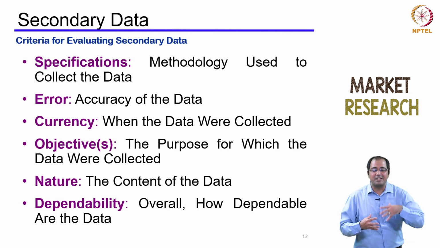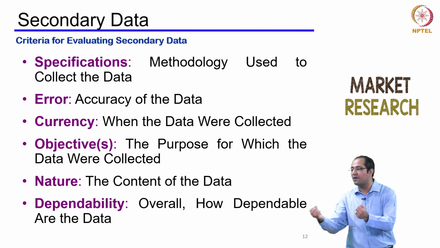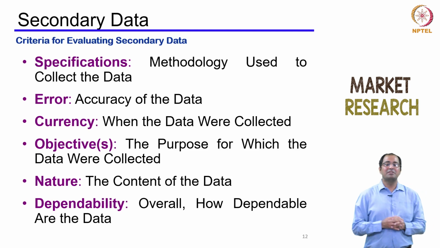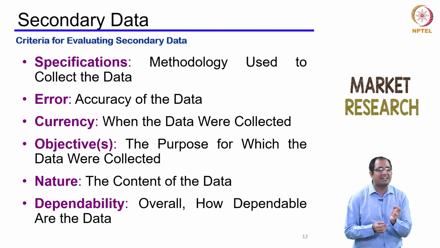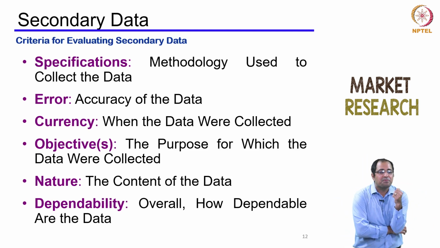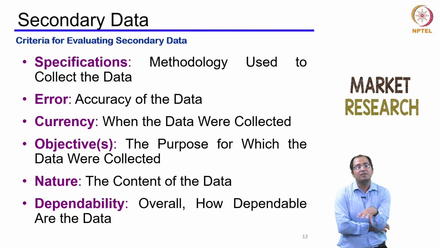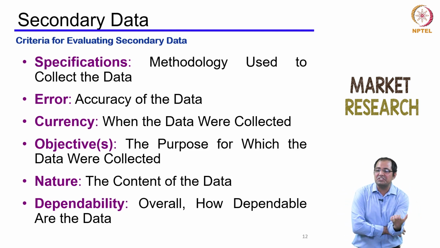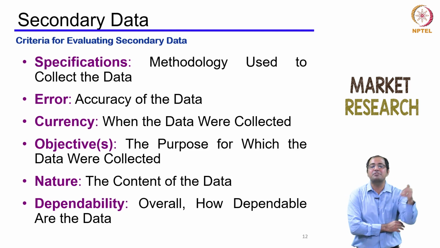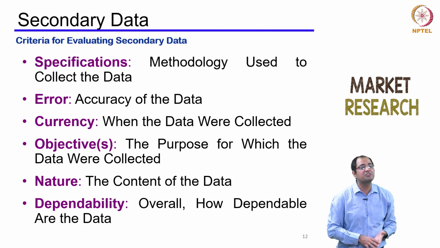Which means if you are relying on some secondary data for your business issue at hand, you have to first of all check its specifications, which means whether in that secondary data it is written how the data was collected, whether the data collection process is mentioned, how rigorous it was, how representative it was for its population.